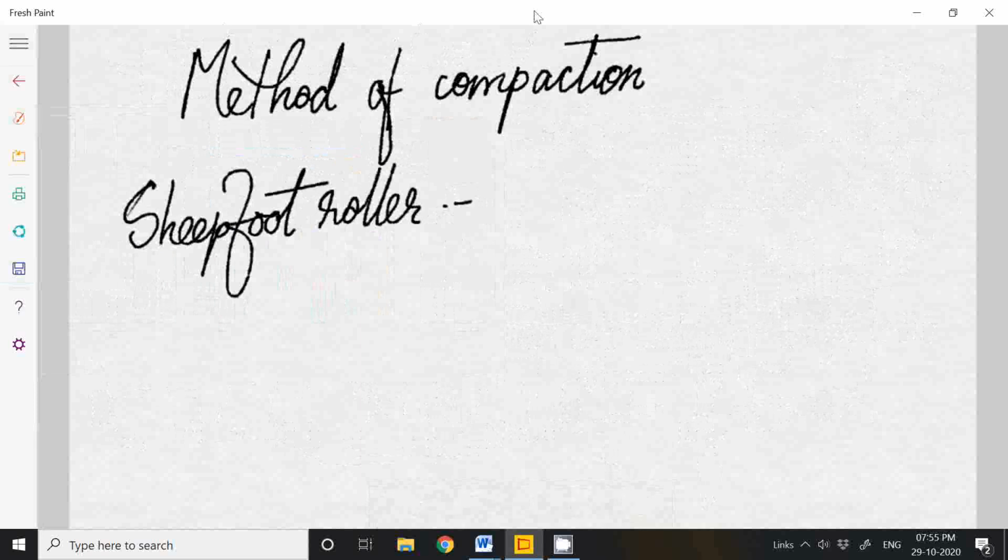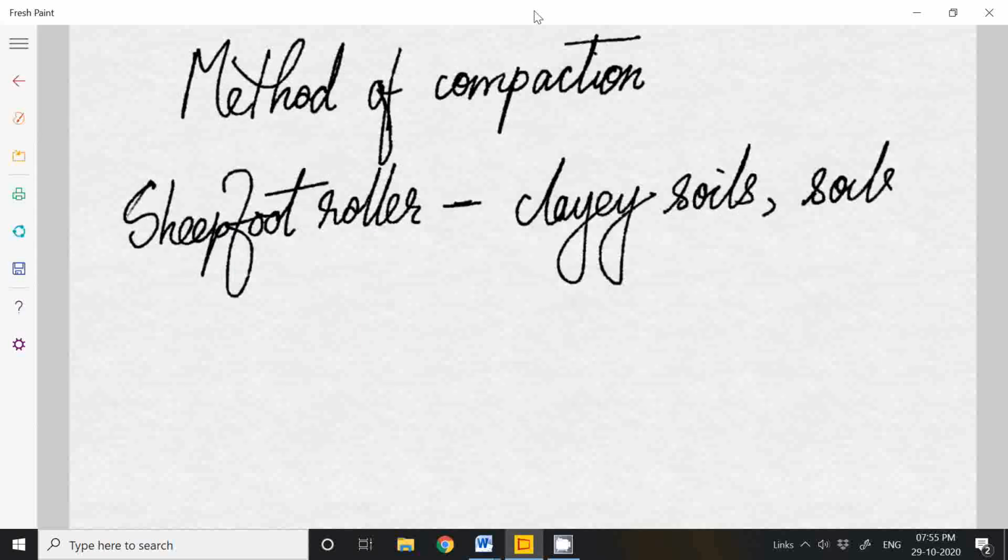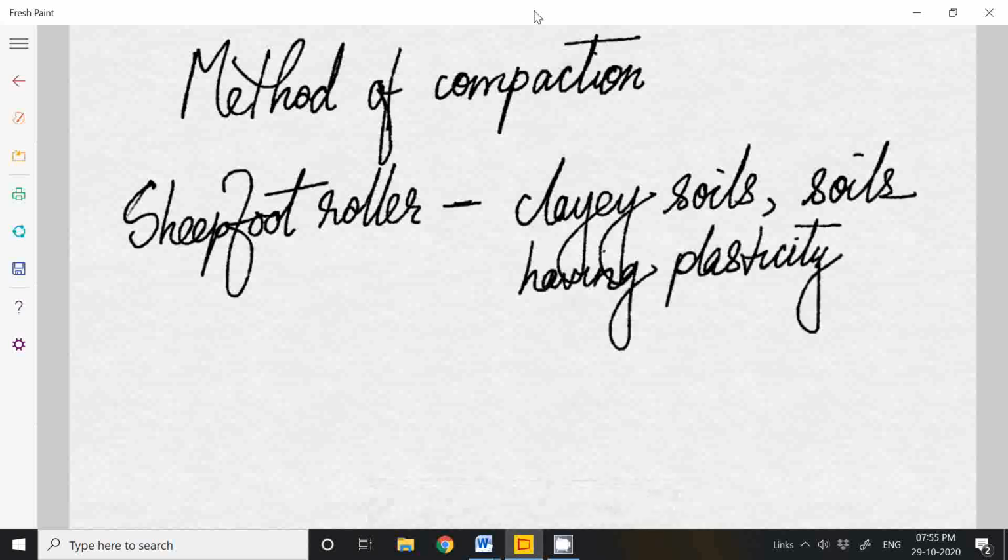Sheep foot roller is used when the soils are clay or the soils have plasticity. Clay soils or soils having plasticity.